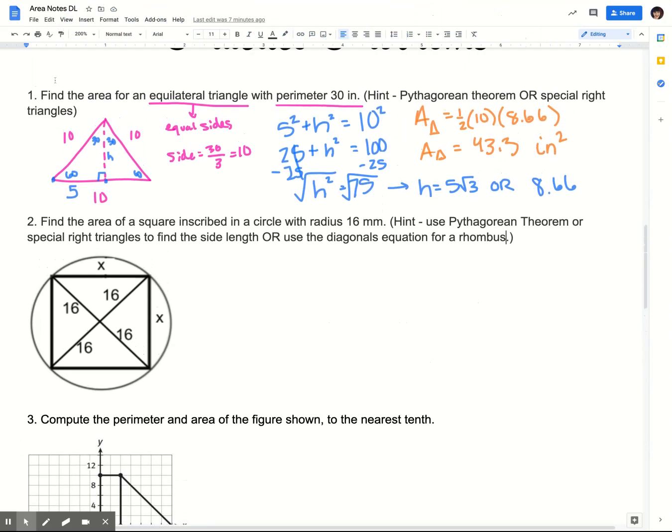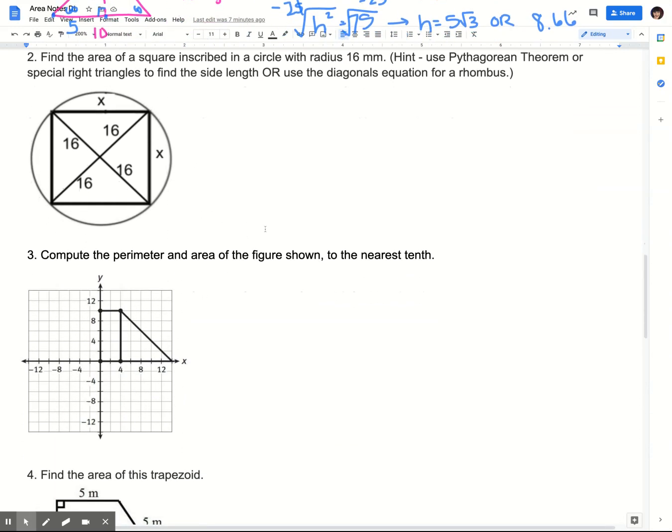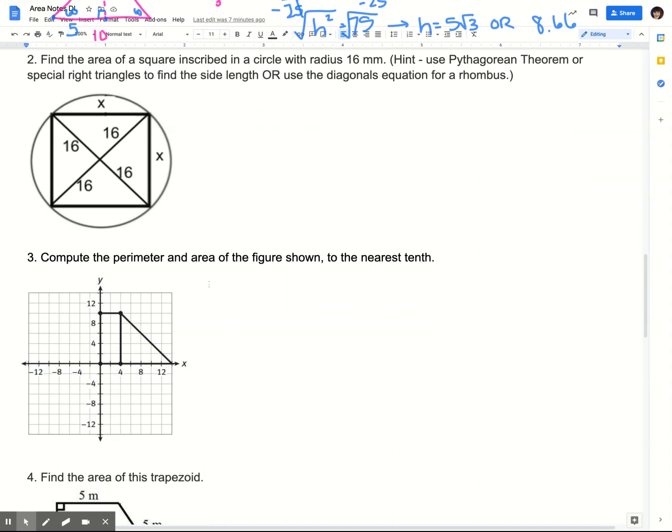Now, I give you a couple of hints here that you could use the Pythagorean theorem to find the side length, which you could, because this side and this side make a right triangle here, where this would be your hypotenuse, and this would be A, and this would be B.